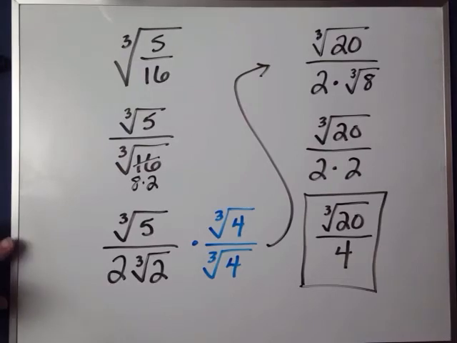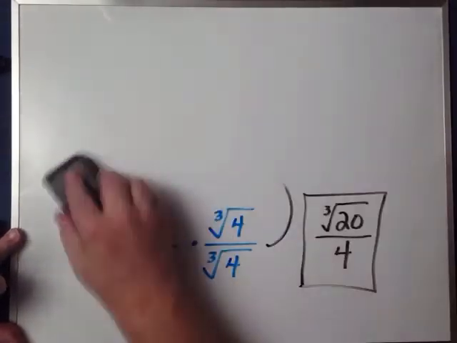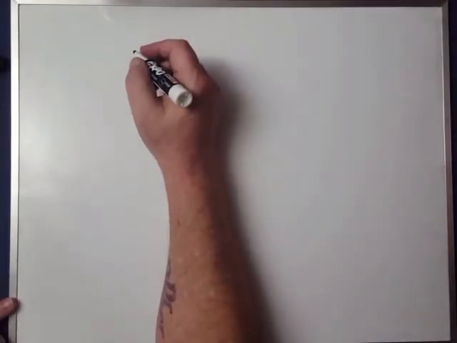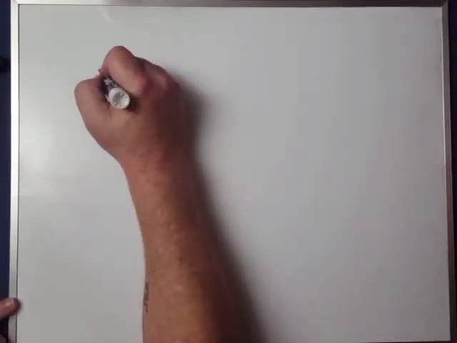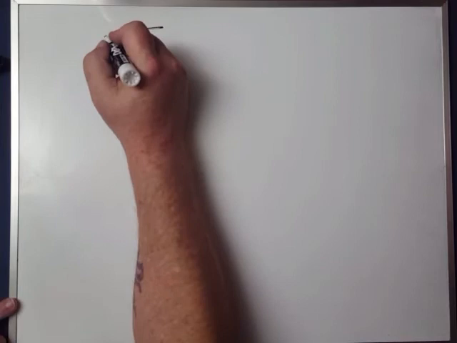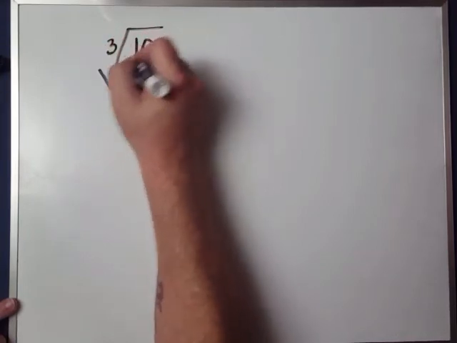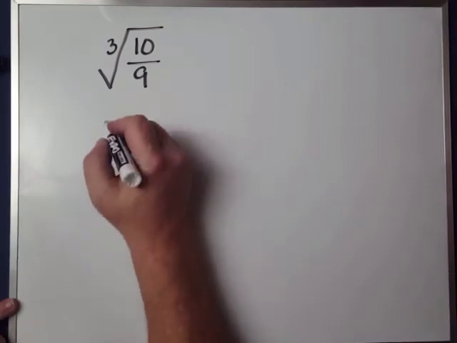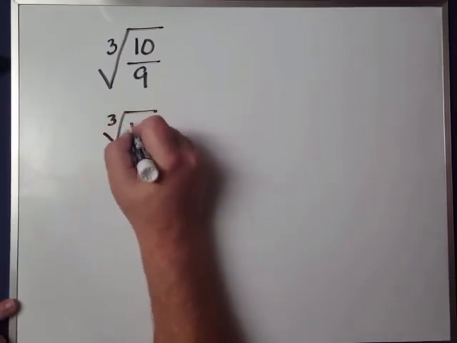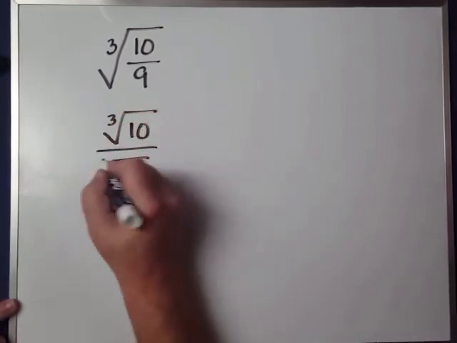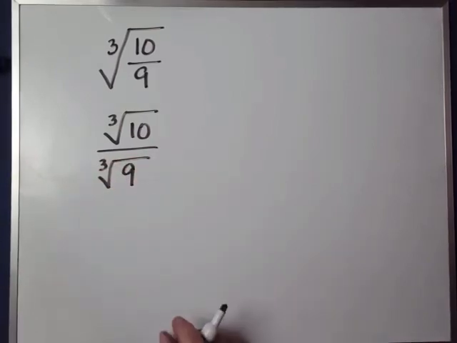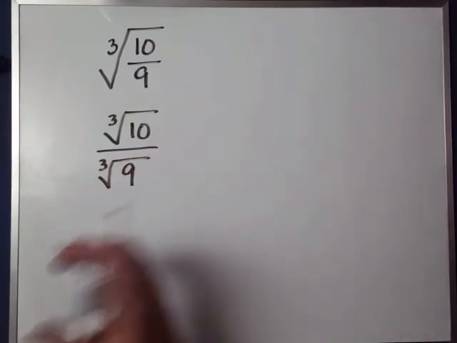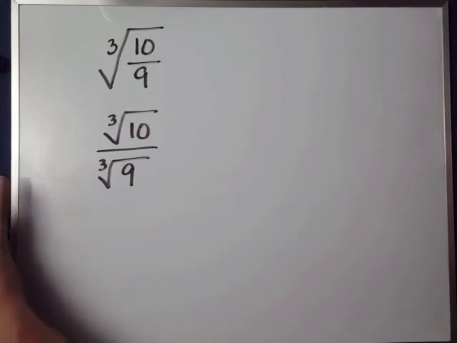Let's look at number 74. Fraction under a radical. Split it. The top and the bottom in and of themselves are both already simplified.